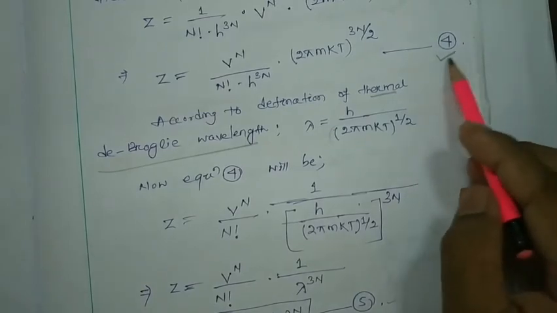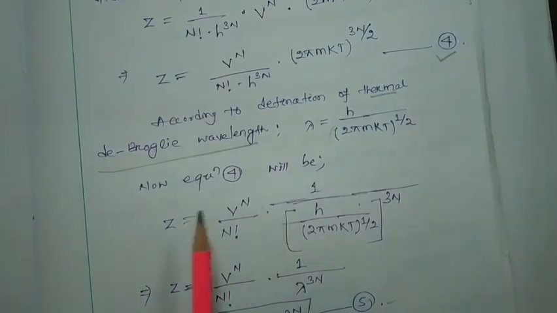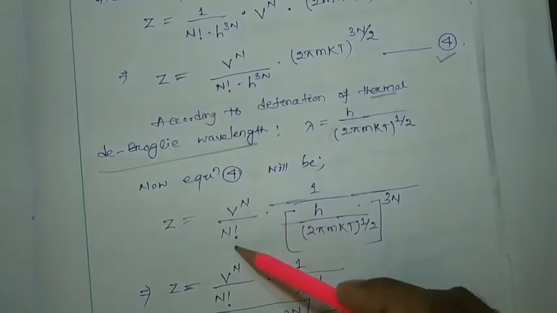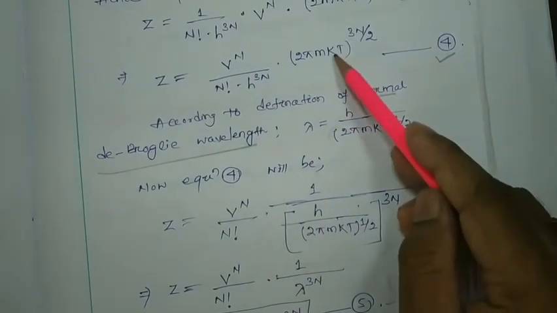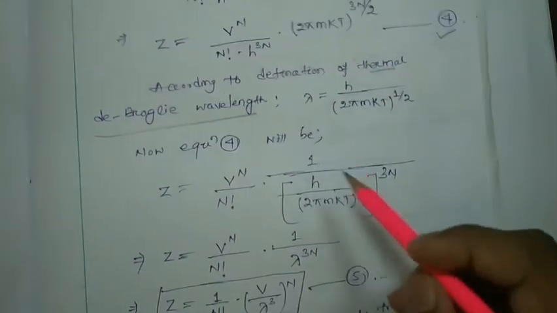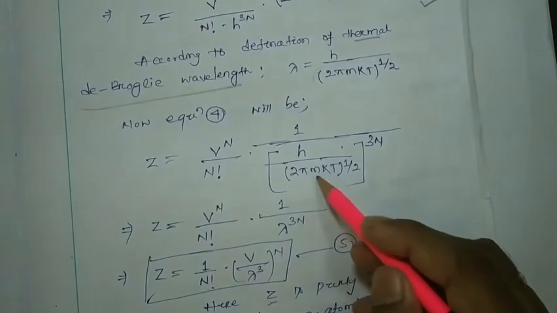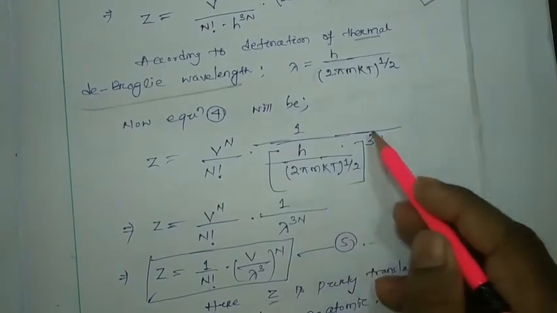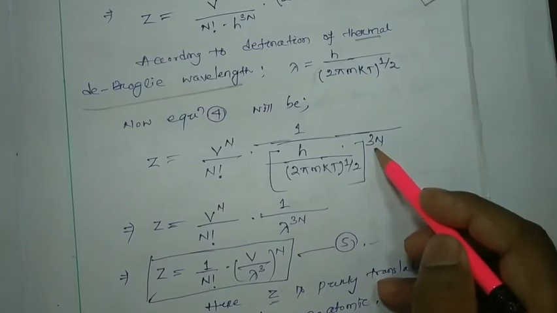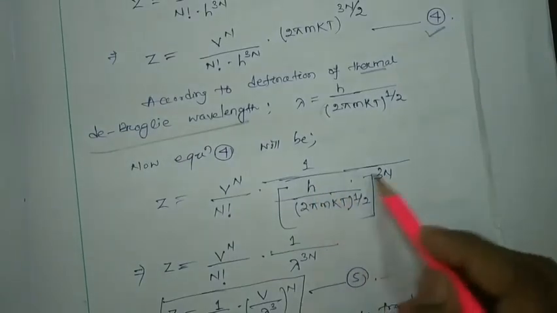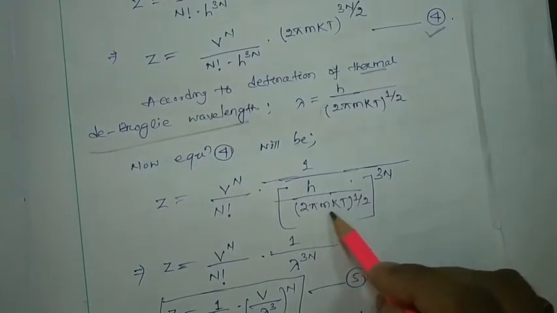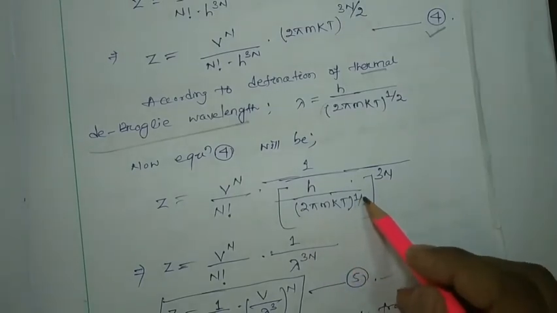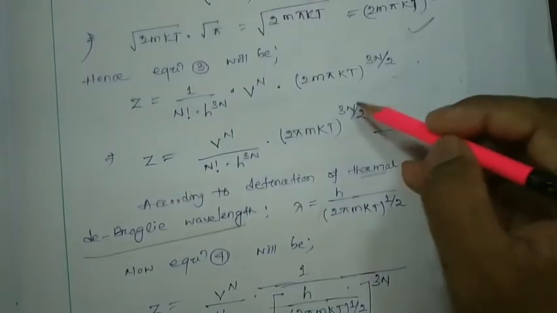Now equation number 4 will be written as v to the power n by n factorial, and this collectively can be written as 1 by h by 2 pi mkt to the power 1 by 2, whole to the power 3n. You can see it will be h to the power 3n over 2 pi mkt to the power 3n by 2. It will move to the numerator and we can get this.